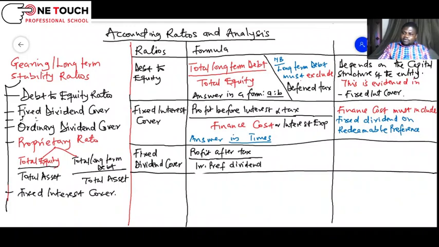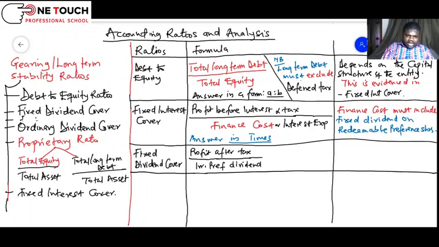So for fixed dividend cover, we are looking at the irredeemable preference dividend, because the redeemable preference dividend is added to finance cost. Take note of that.